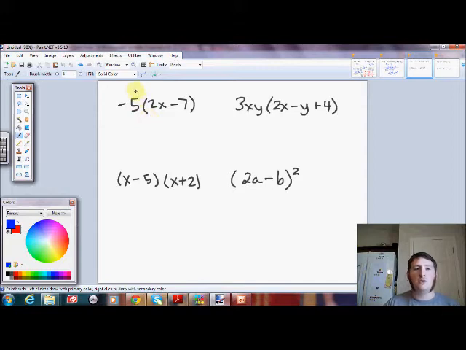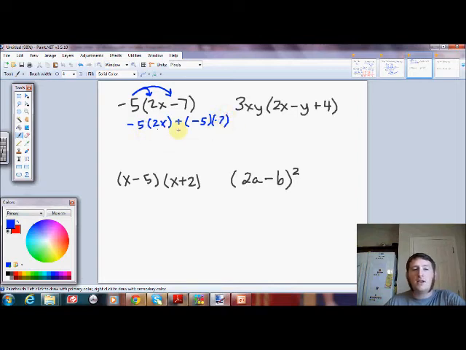And so maybe you like drawing the arrows, so at least for the first few, I'll draw the arrows still. We want to distribute -5 into 2x minus 7. I don't think very many of you need to show the work of -5 times 2x plus -5 times -7.